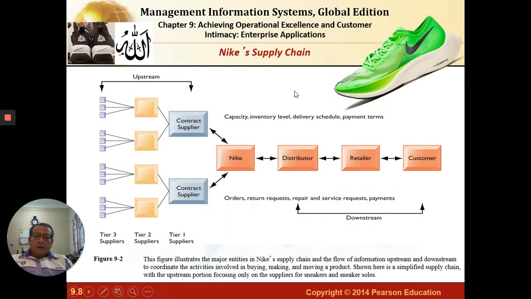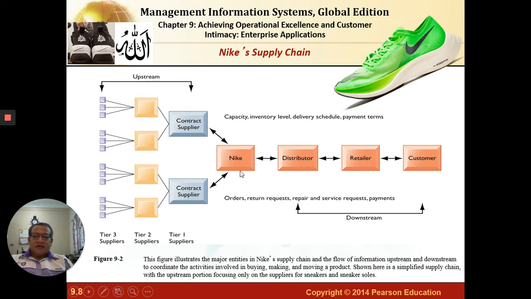So take a look at this diagram, like the Nike supply chain. For example, these are the upstream supply relations, and this is the downstream supply chain. This is a Nike factory producing these kinds of sport shoes.